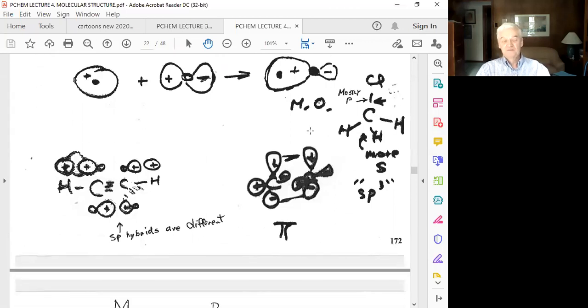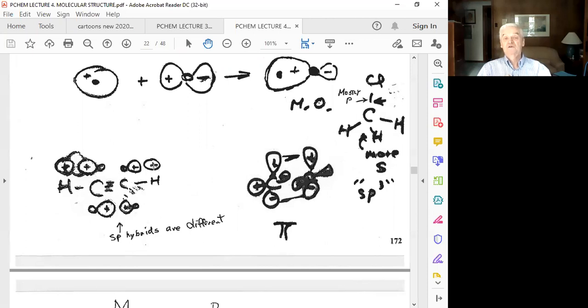And the last example I wanted to give you is you learned in organic chemistry about acetylene having sp hybrids. Again, it's a nice model. It shows you why the molecule should be linear. But notice that this sp hybrid I'm drawing on the carbon here, pointing to the hydrogen on the right, is going to be very different from the one pointing towards the left.